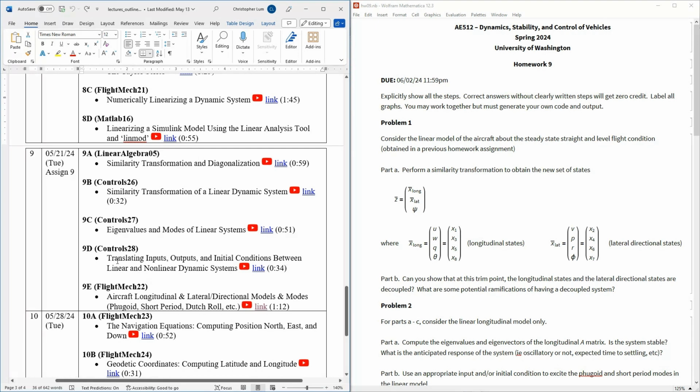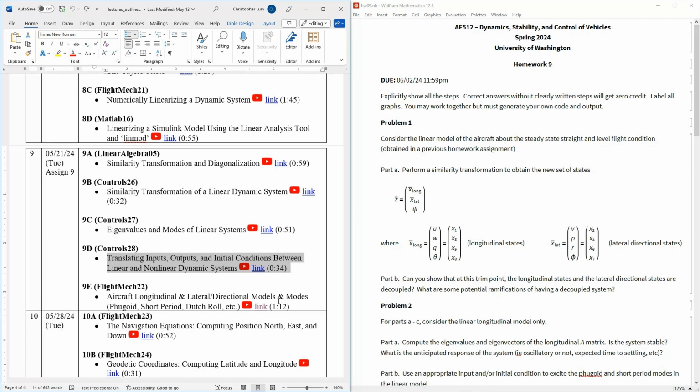And what this video is talking about is, well, these two models are similar but not exactly the same thing. And if we want to apply an initial condition in one case, how do we apply a similar initial condition in the other system? And similarly, what about the inputs? Well, if you have inputs going into the nonlinear model, how do you have those equivalent inputs going into the linear system?